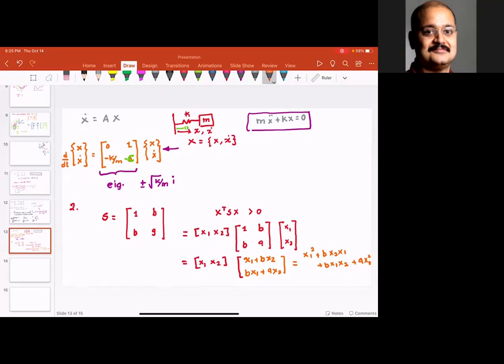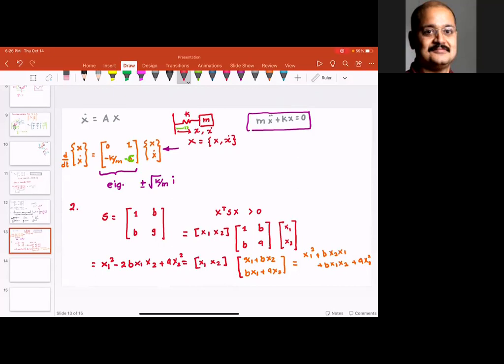What happens if the value of b is, so let's start. This equation is going to become x1 square minus 2b x1 x2 plus 9 x2 square. So now you have to tell me, when b is equal to 0, no matter what the value of x1 and x2, that equation will be positive definite.